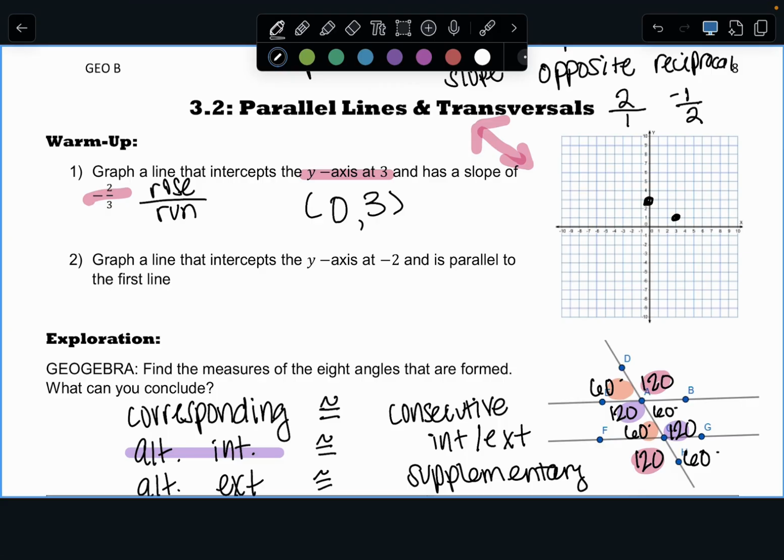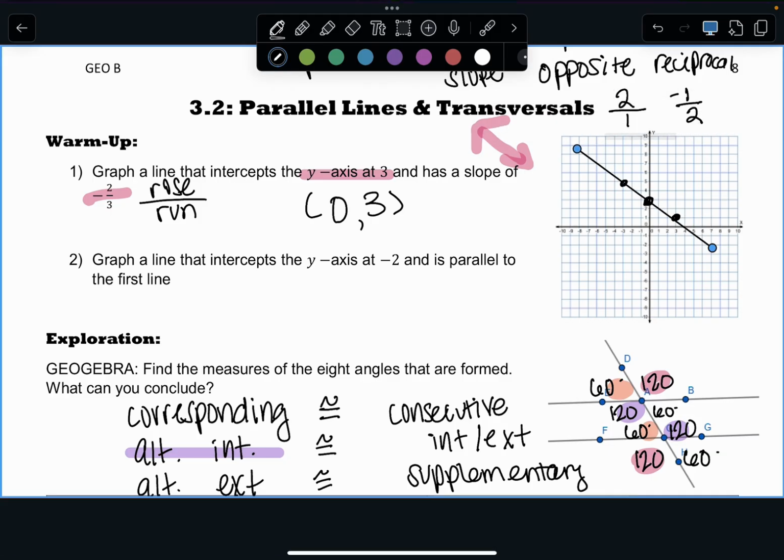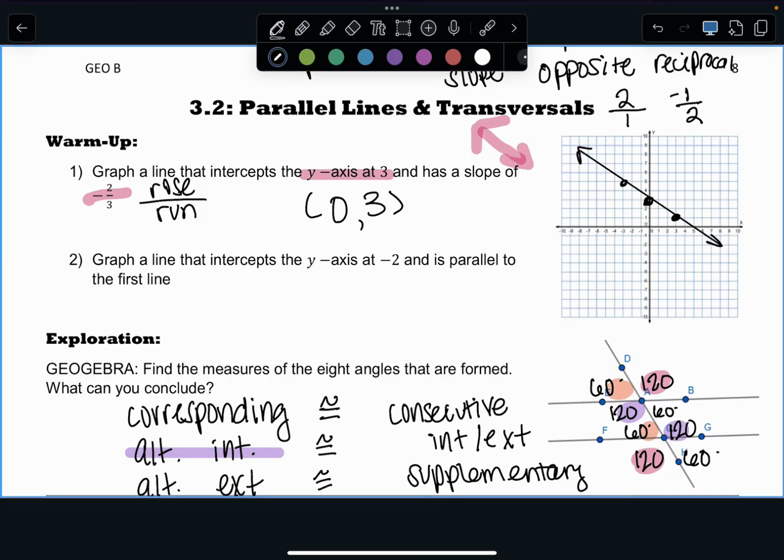Or if we wanted to go the other way, up 2, to the left 3. 3 points is all we need for a line. Connect your points with a straight line, and put some arrows on the end. So that's our first line.